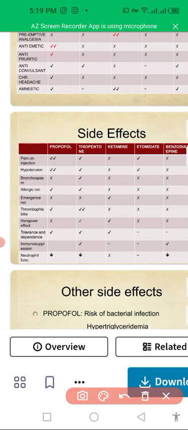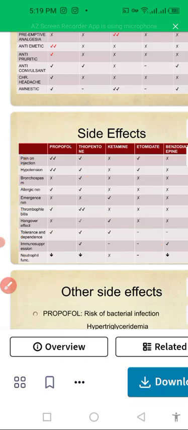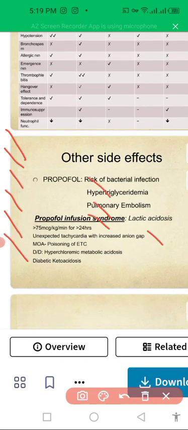Side effects of propofol are pain, hypotension, allergic reaction, thrombophlebitis, or tolerance. Propofol also decreases neutrophil function, while ketamine can cause emergence reactions, hangover effect, or tolerance if given in excessive quantity. Benzodiazepines have immunosuppression properties, while there is no other important side effect.